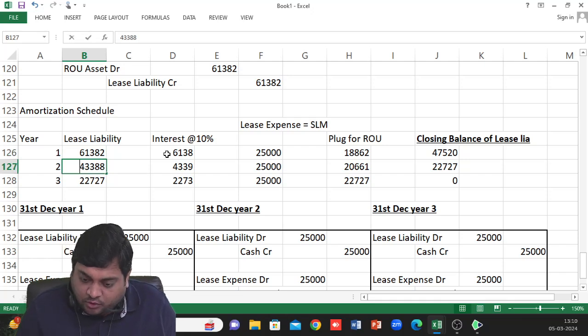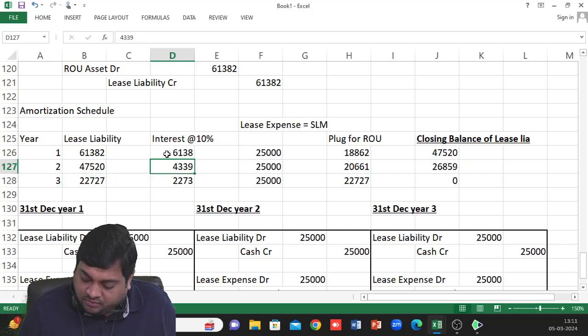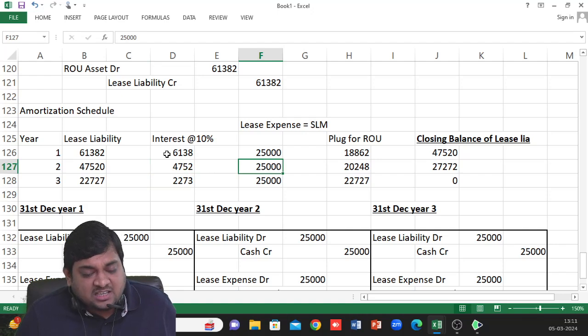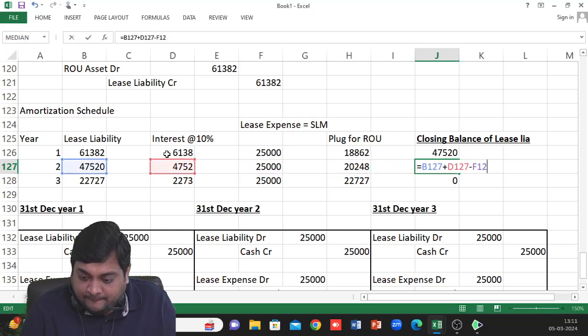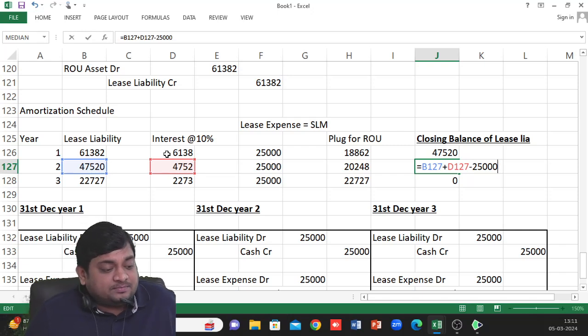So this is 47,520. So this will be 4,752. Again, next year expense is 25. It is SLM. But when I take closing lease liability, this year how much did I pay? 25.